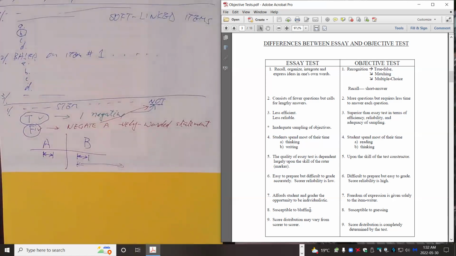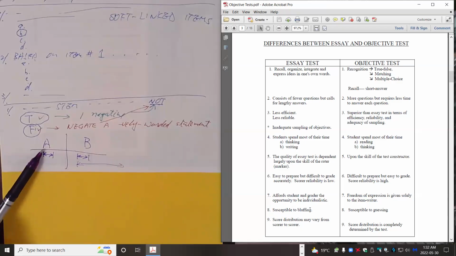So what do you think? This student bluffs. This one does not do that. Same content. So theoretically, they should receive the same mark. But no, the reality is not like that.